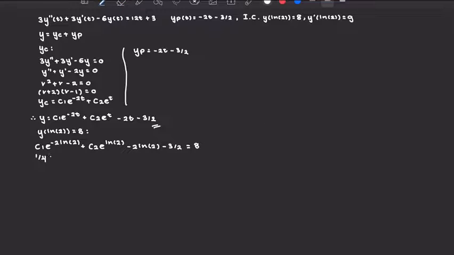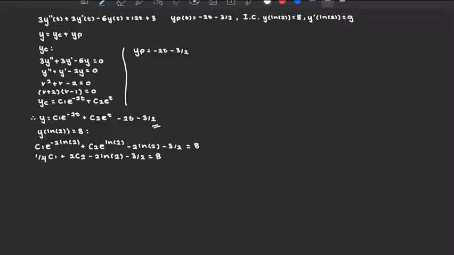So this 1 over 4 times c1 plus 2 c2 minus 2 ln2 minus 3 over 2 equals 8.